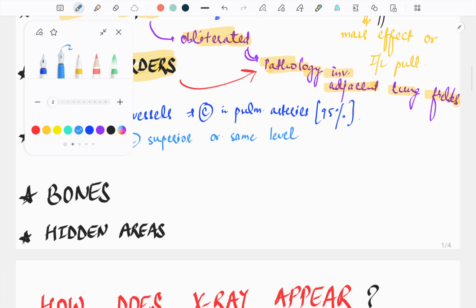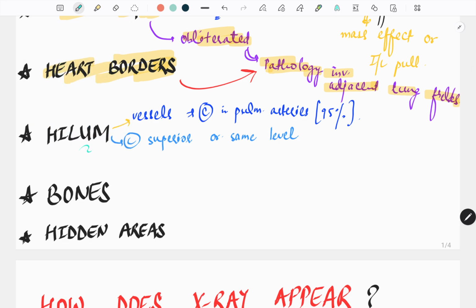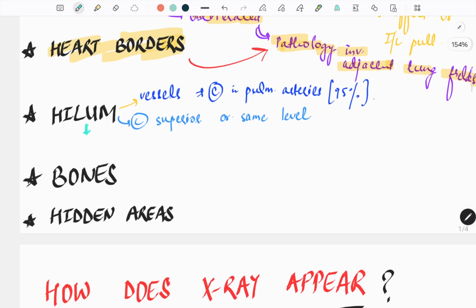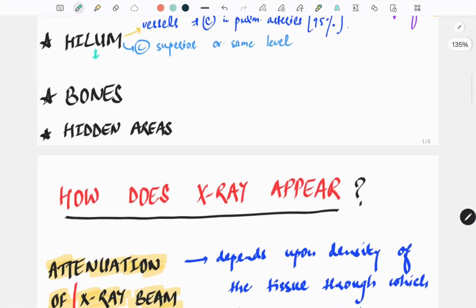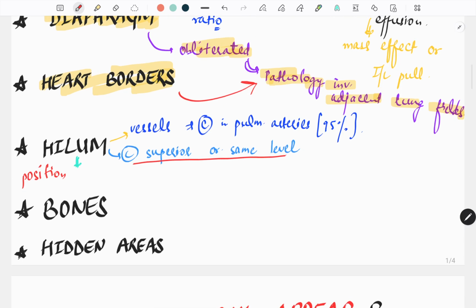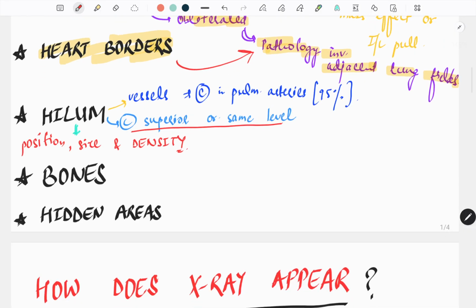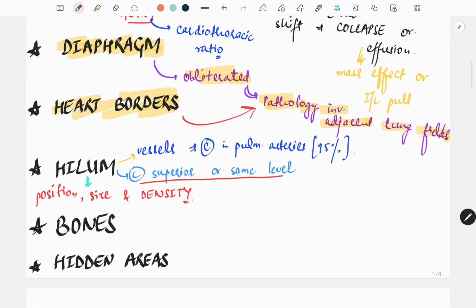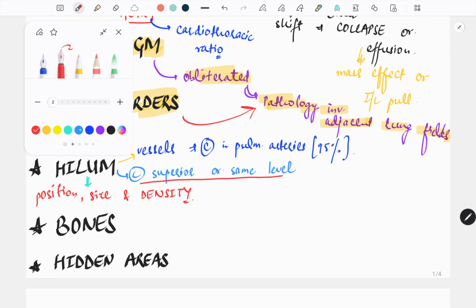We should compare the hilum by 3 points. What are these? These are position, that we have seen, the superior hilum should always be the left one. Size, if enlarged or not, then density.